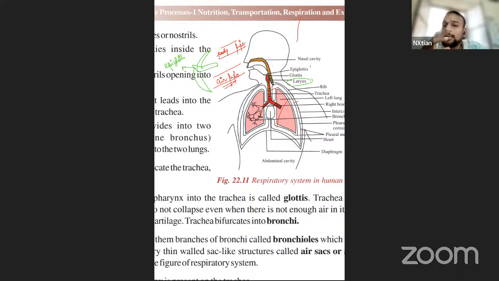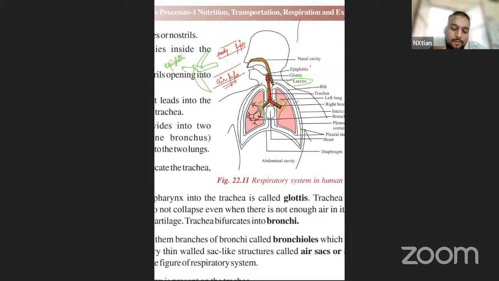Do you know broccoli? That broccoli is not related to this, but the word is similar to bronchiole. The trachea will divide into bronchioles, right bronchiole and left bronchiole. I'll repeat it again.